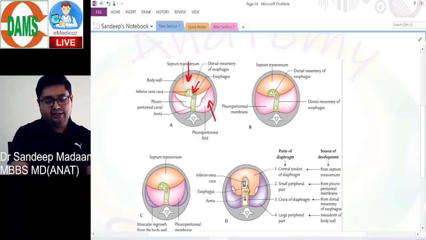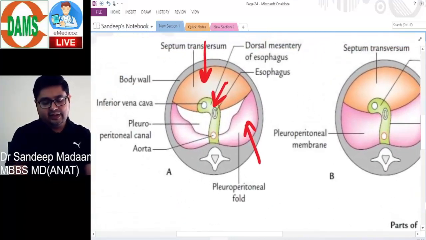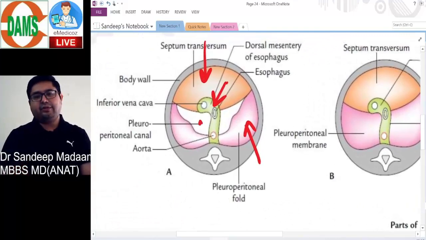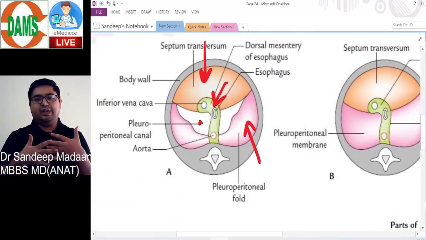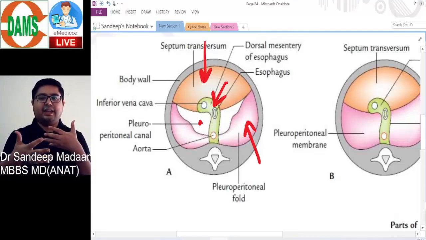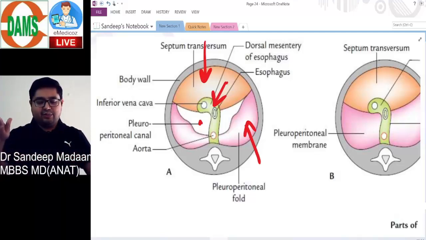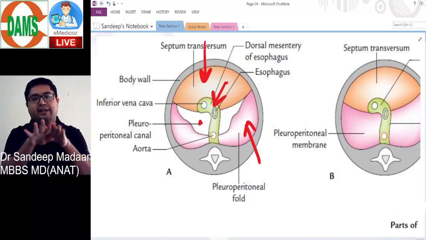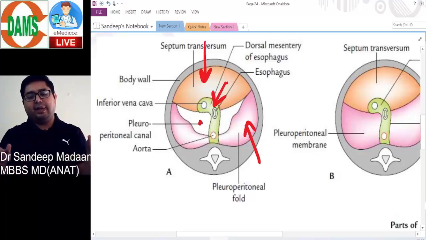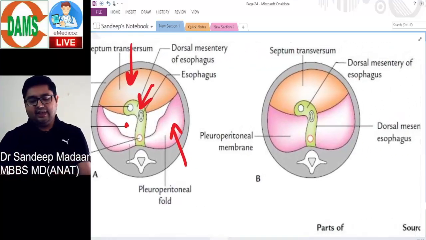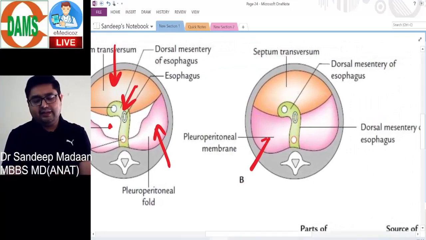But at this stage, there is a canal, the pleuroperitoneal canal. Why? Because at this stage we have the communication between the thoracic and the abdominal cavity, right? They are not completely cut off. But later this pleuroperitoneal fold will seal the defect by making the pleuroperitoneal membrane. In the next diagram you can see the pleuroperitoneal membrane has sealed the defect.